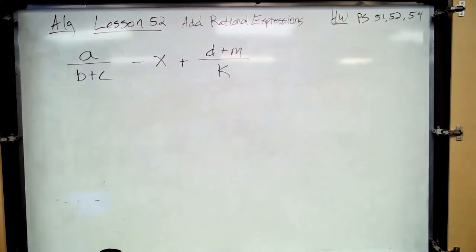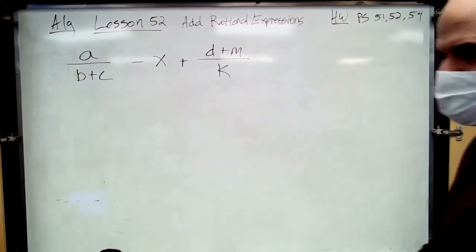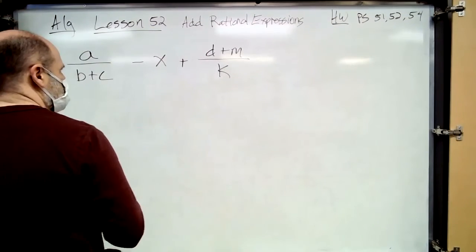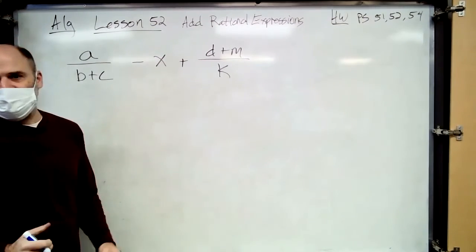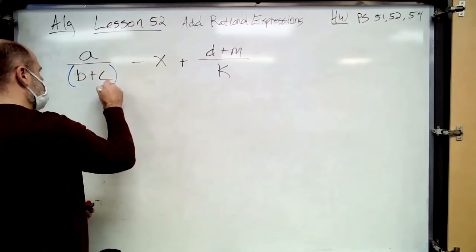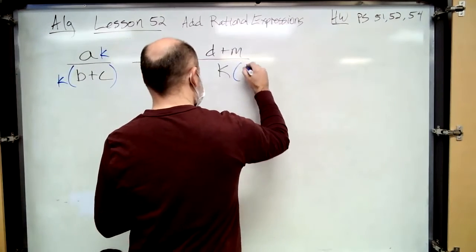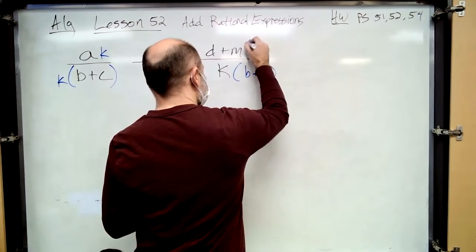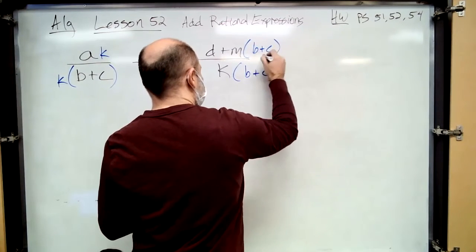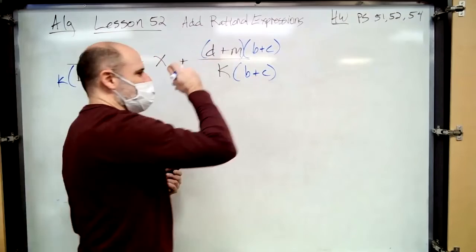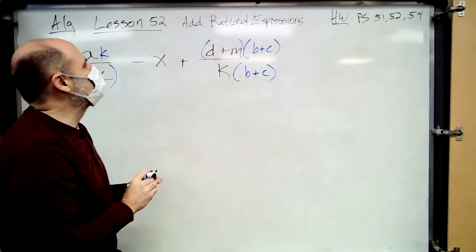All right, here we go. So, the common denominator looks like just this squished with that, right? So we need a K over here. And this one needs a B plus C. Okay, and this is what Ryona, you, and Nathan forgot.